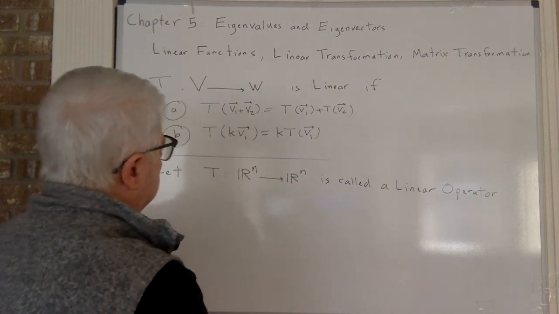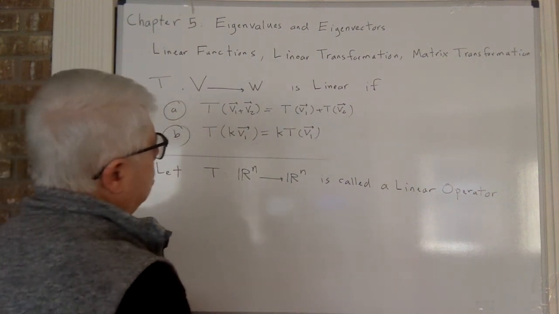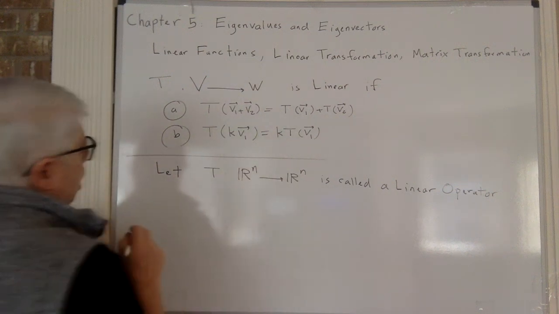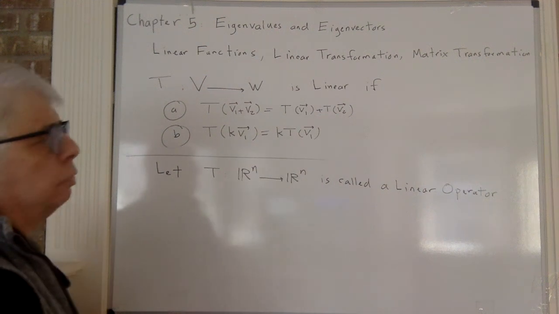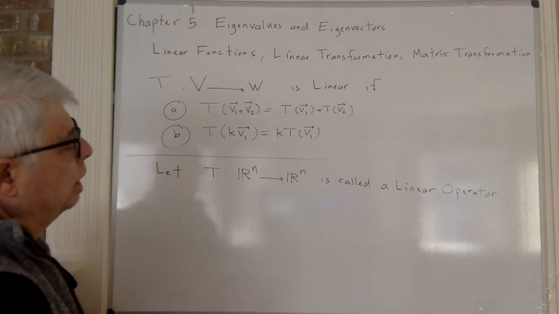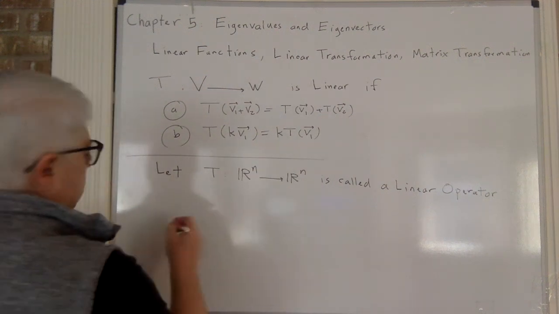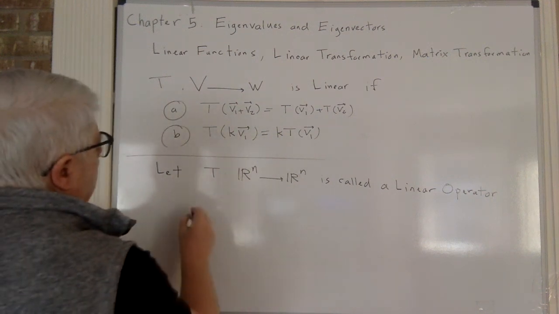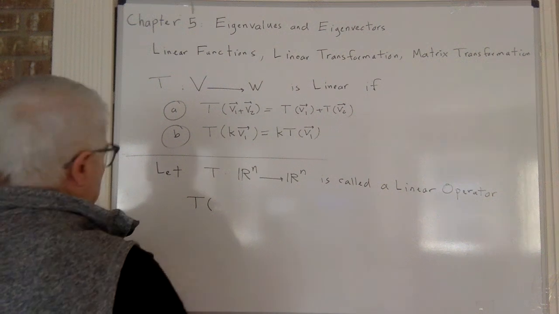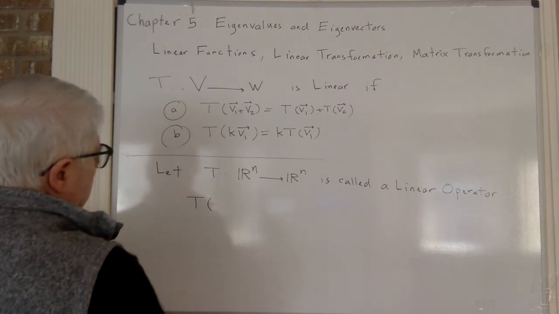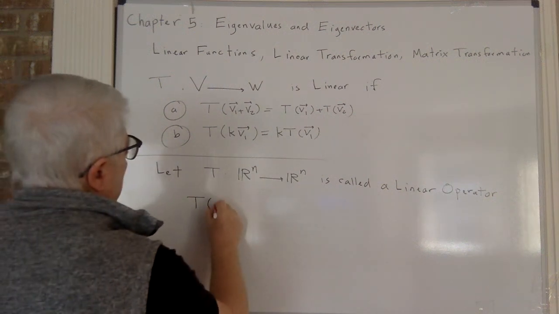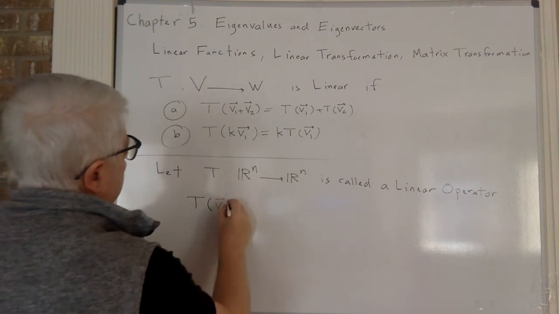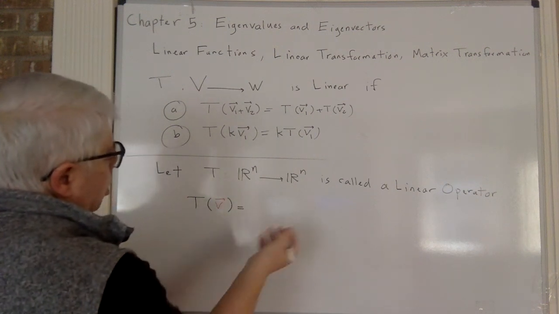So an eigenvalue problem is a problem like this. You ask yourself this: can I find a vector in Rn, say V, such that when I apply T to that vector V, it's like multiplying this V by some constant.